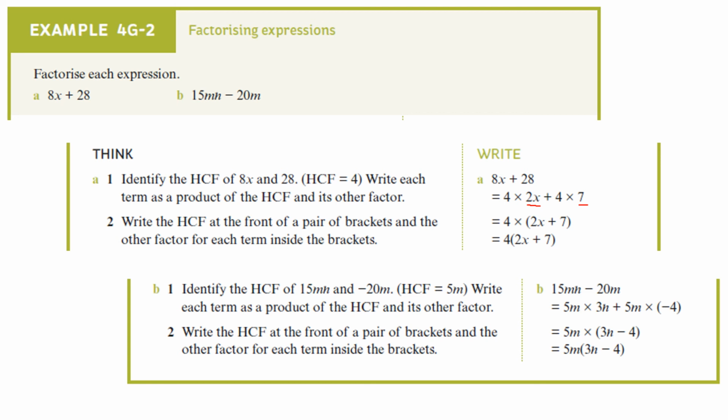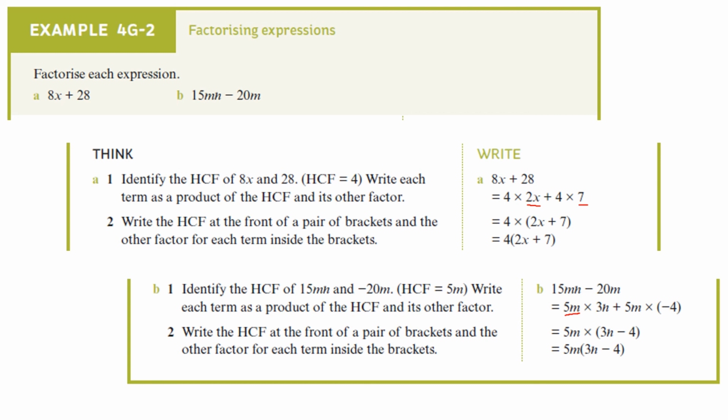So if I rewrite this 15mn into its expanded multiplication using the highest common factor of 5m, I write it as 5m times 3n. Then I rewrite this minus 20m as its expanded multiplication with the highest common factor of 5m multiplied by a negative 4.